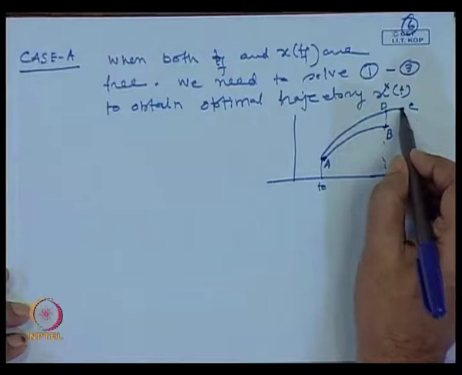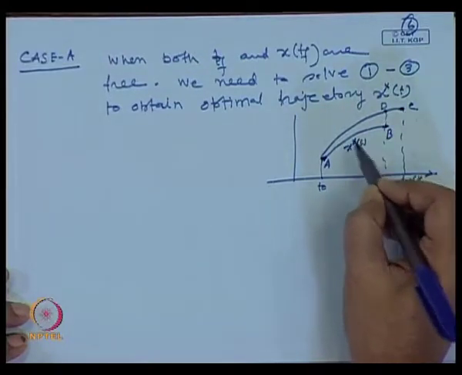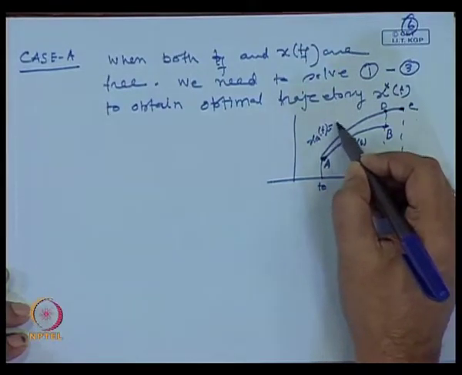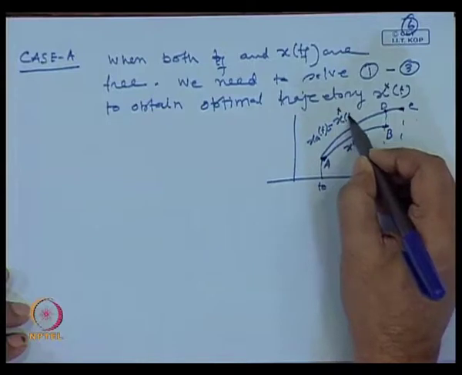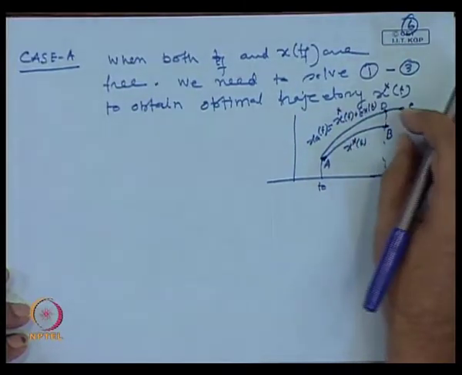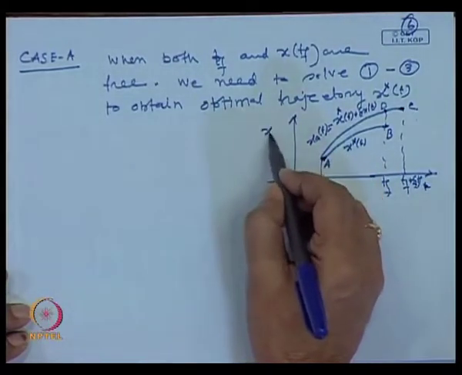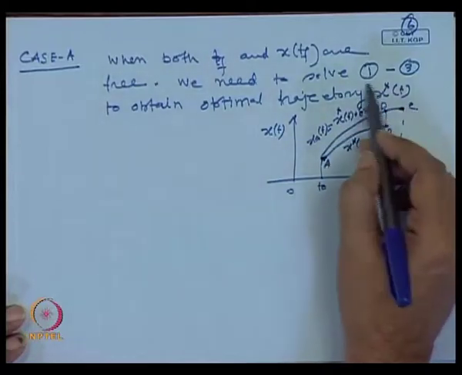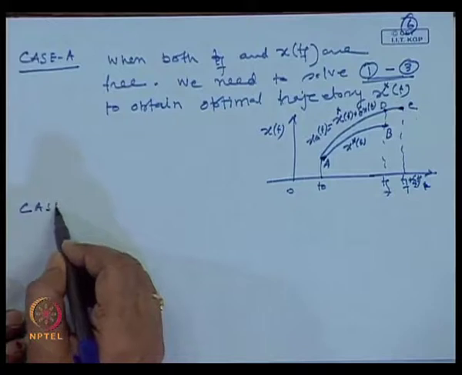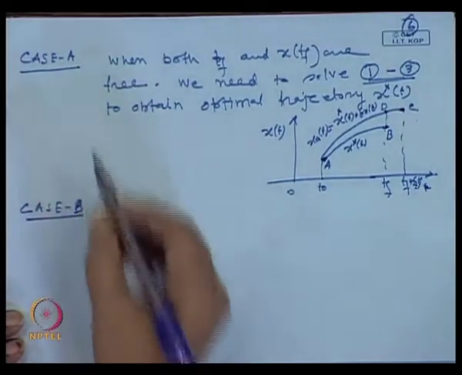This trajectory is x star, and this is x a of t, which is equal to x star of t plus delta x of t. So, when both are free, then you have to use equations number 1 and 2.